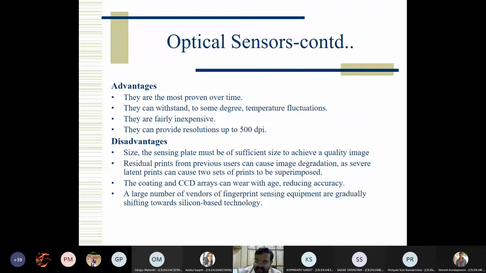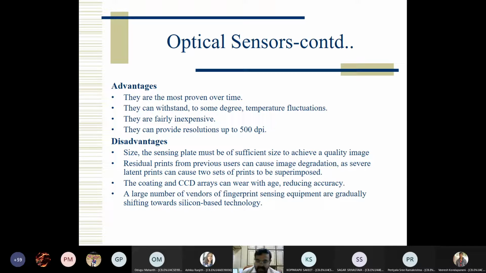Now, as mentioned, this is cheap, easily available, inexpensive. Generally, resolution is okay. They are proven over time, but there are some disadvantages. Somebody has put a fingerprint already, and then when you put your fingerprint, there may be an overlap between the last person's fingerprint and this person's fingerprint. As the device becomes older and older, wear and tear comes in, and these issues will increase.